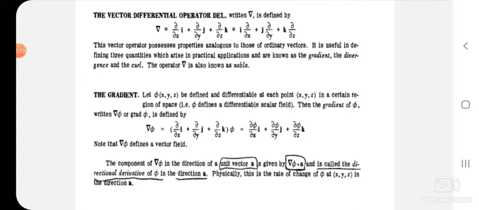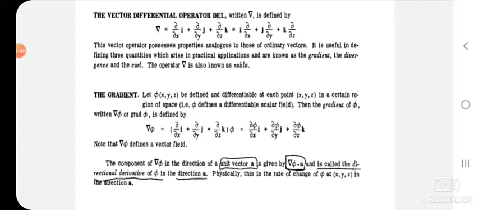If we multiply phi inside the bracket, then del phi is equal to ∂phi/∂x i plus ∂phi/∂y j plus ∂phi/∂z k, where del phi is defined as a vector field.